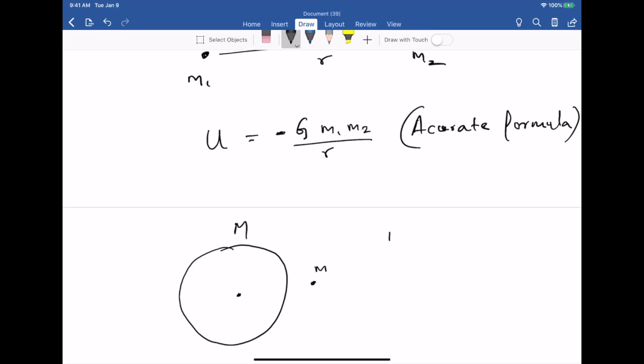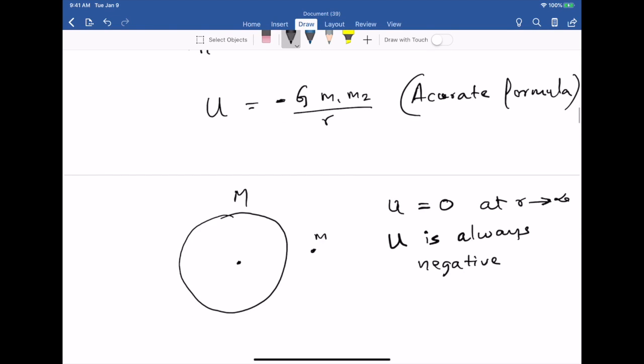The zero of potential energy is already built into this formula as r tends to infinity. Okay, and notice that U is always negative. That's generally a fact: whenever a force is attractive, potential energy is usually negative.